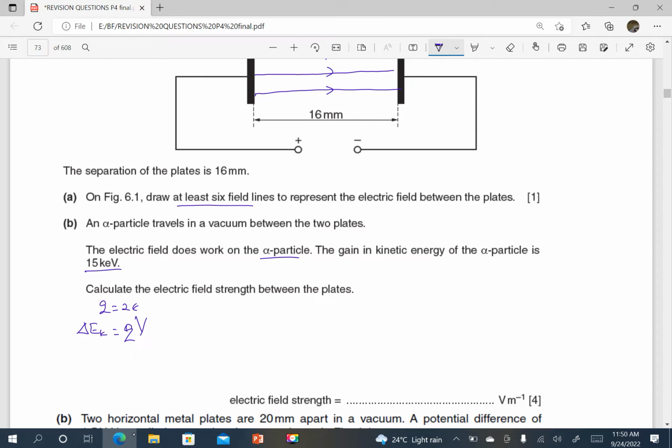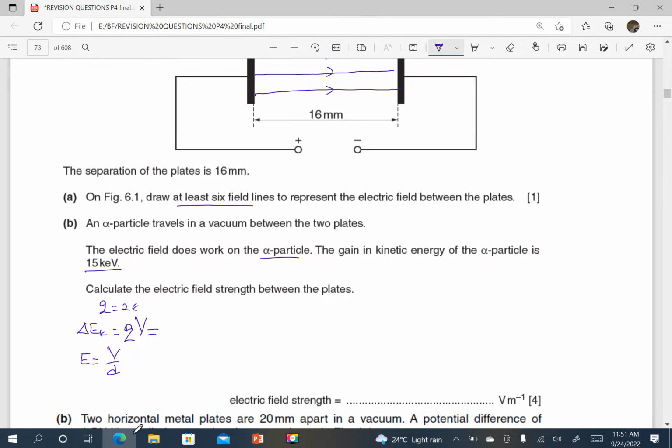So the gain in kinetic energy, which has been given as 15 kilovolts, is going to be equal to charge times PD. That means we have an idea of the PD. Therefore, since we know that electric field strength is equal to V over D, then we can now just simply substitute.